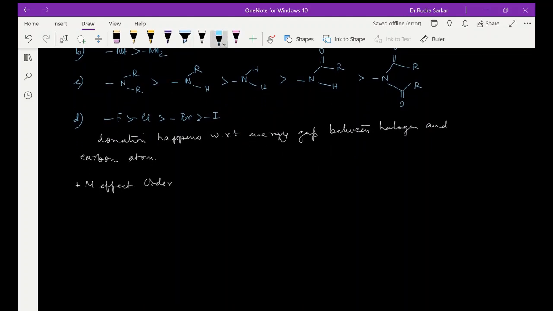So out here, suppose you are given a positively charged carbon, it will be more electron withdrawing than that of the neutral boron.